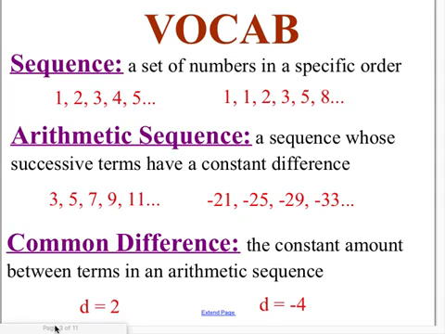That common difference tells us how to get from term to term, so D is equal to 2, down there at the bottom left. The example in the middle right, negative 21, negative 25, negative 29, negative 33, is going down by 4 every time. So we have that bottom right difference of negative 4.